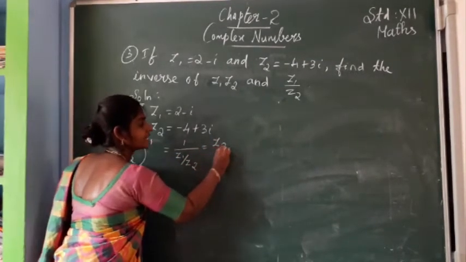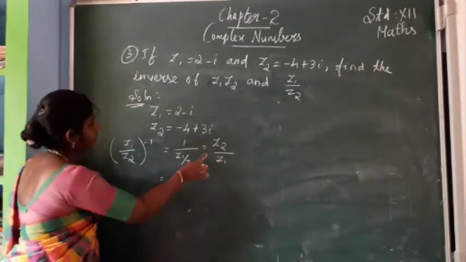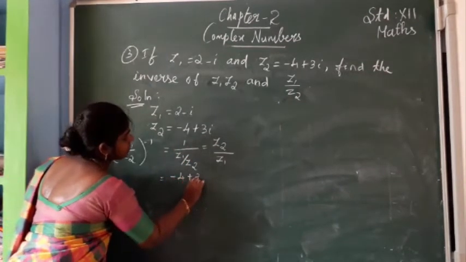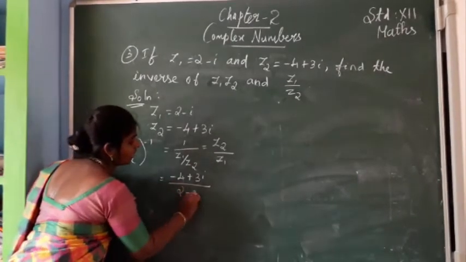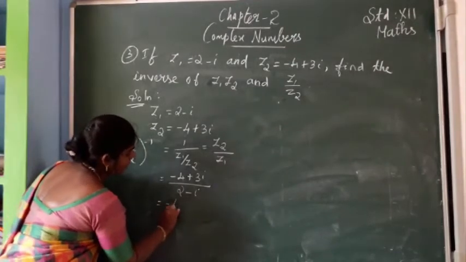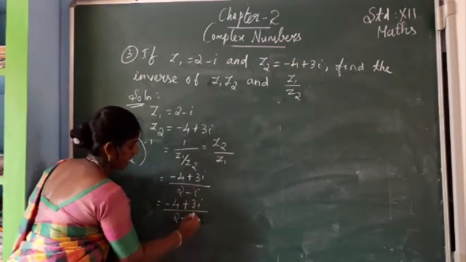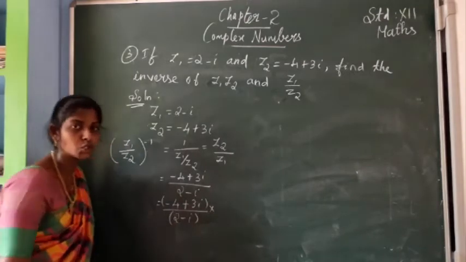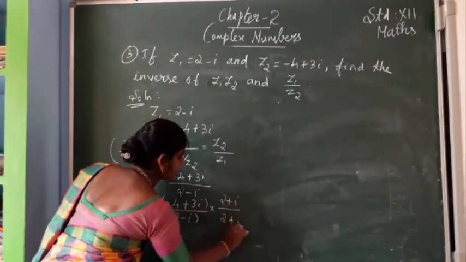That's equal to z2 divided by z1. That's equal to z2 value, minus 4 plus 3i, divided by z1 value, 2 minus i. So you have to take the conjugate. That's equal to minus 4 plus 3i divided by 2 minus i into conjugate of 2 minus i, which is 2 plus i. 2 plus i divided by 2 plus i.